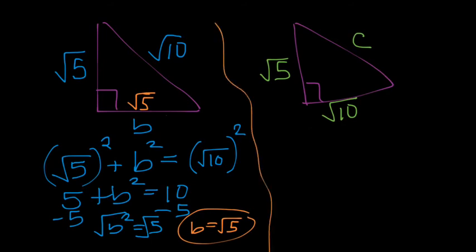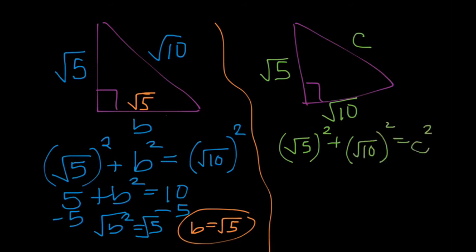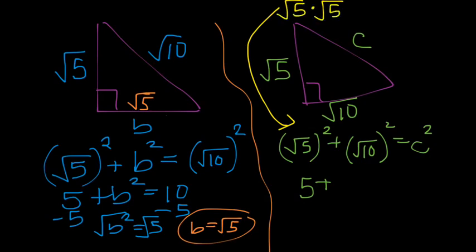My second option: square root of 5 squared, that's my a squared, plus b squared equals c squared. If I square the square root of 5, I get 5. Remember, this is like saying square root of 5 times the square root of 5.